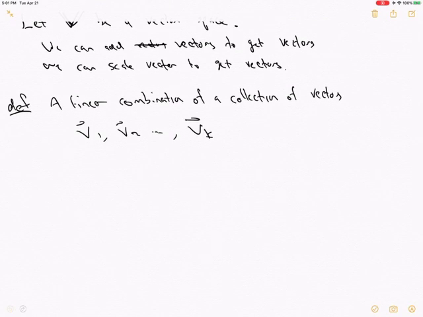Each vector I can multiply by some number. I can do some number times the first vector, which gives me a new vector. I can do some other number times the second vector, and so on for all of them. So there are k vectors in my set. I can scale each of these k vectors to get a new vector, but I can also add them all up.